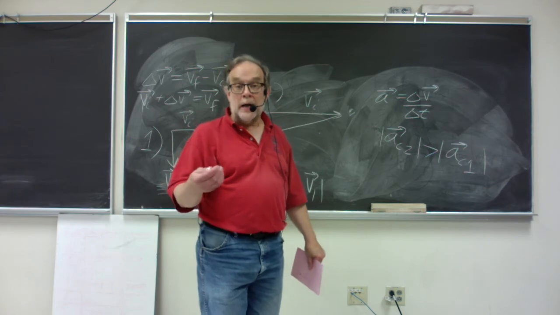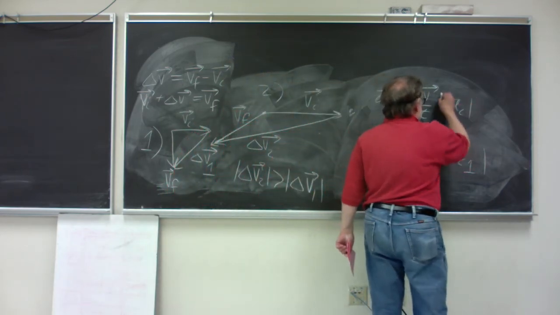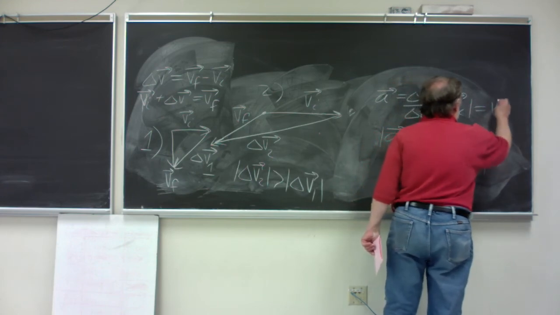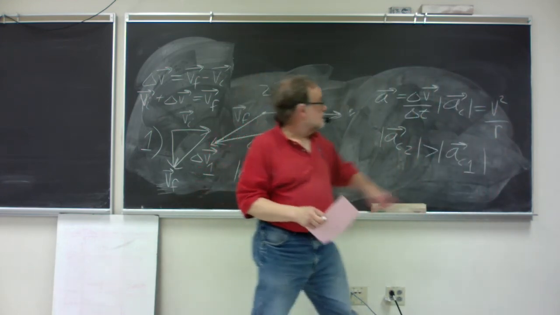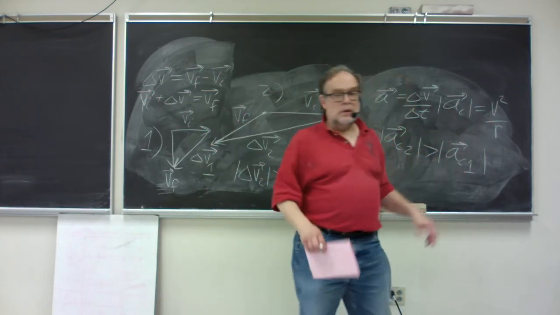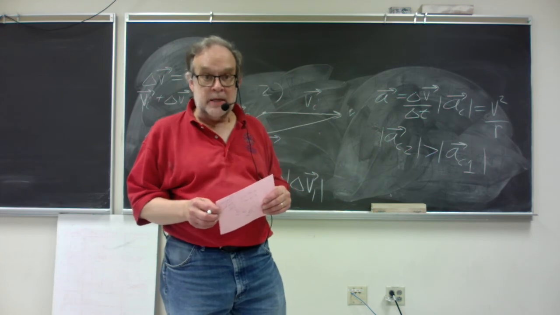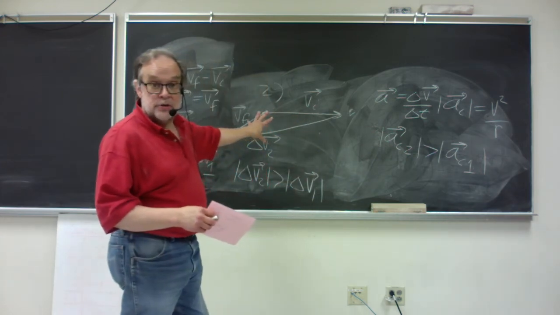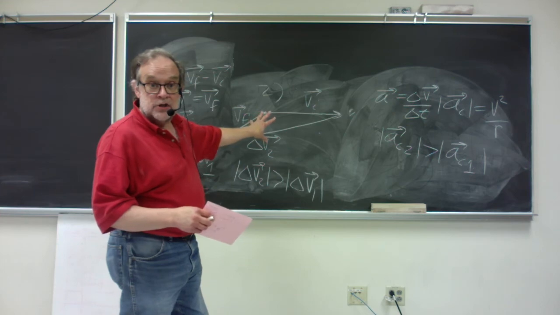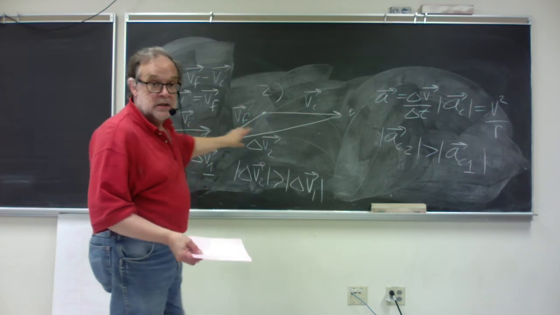And that's why it makes sense that magnitude of centripetal acceleration is related to higher speed. Higher speed means larger magnitude of centripetal acceleration because higher speed means more change in the direction of velocity. More change per second in the direction of velocity.